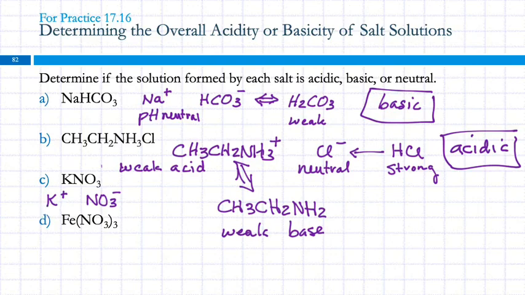So that's going to do nothing. That's neutral. Nitrate ion. What's the conjugate acid? HNO3? Strong or weak? Strong. So is that going to do anything? Nope. So the solution is neutral.